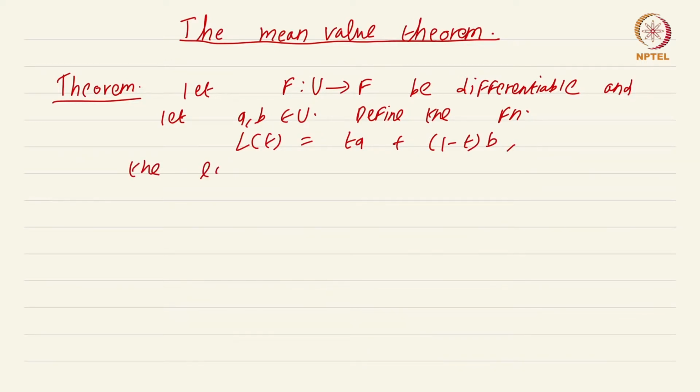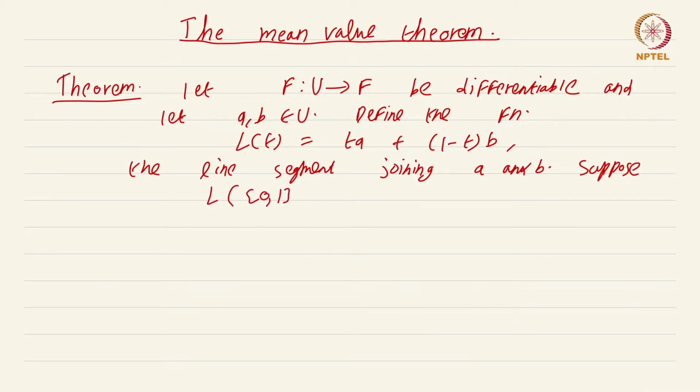This is nothing but the line segment joining A and B. Suppose this entire line segment L of [0, 1] is fully contained in U.